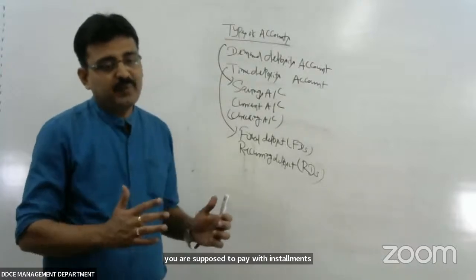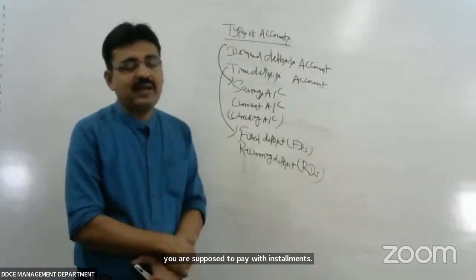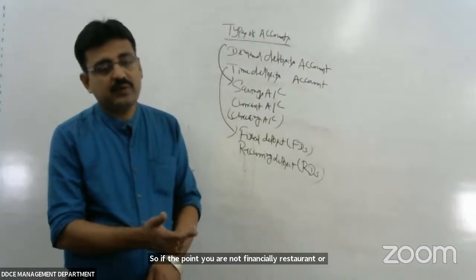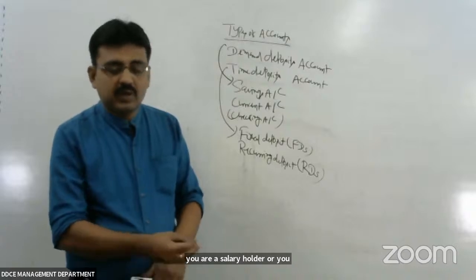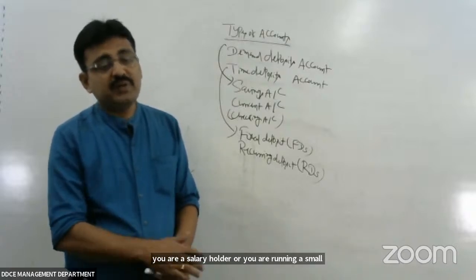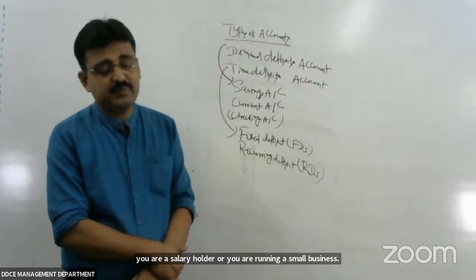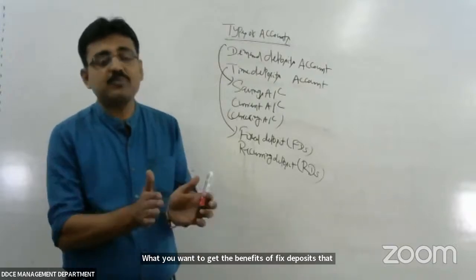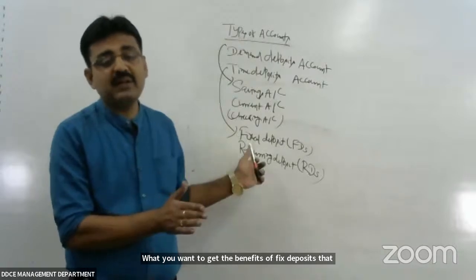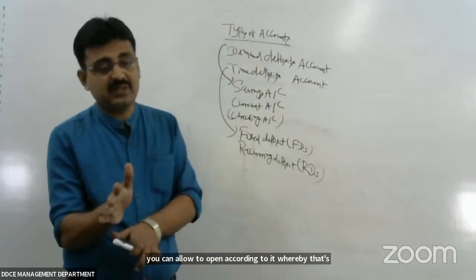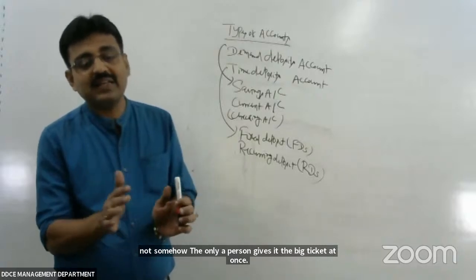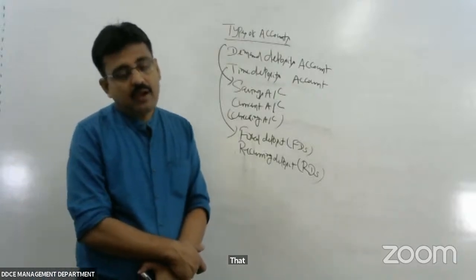So if you are not financially that strong, or you are a salaried person, or you are running a small business, but you want to get the benefits of fixed deposits, then you can open a recurring deposit, whereby that lump sum amount, which normally a person keeps in the fixed deposit at once, can be paid in installments.